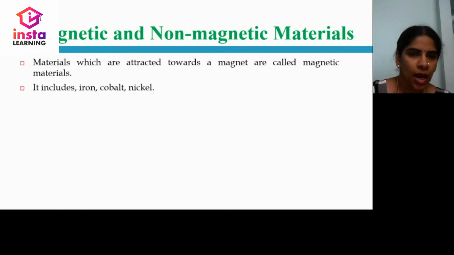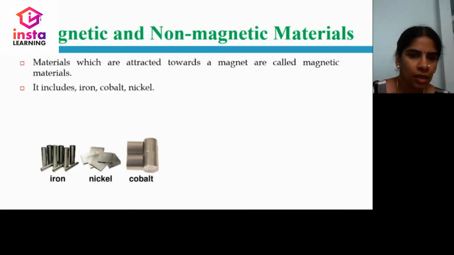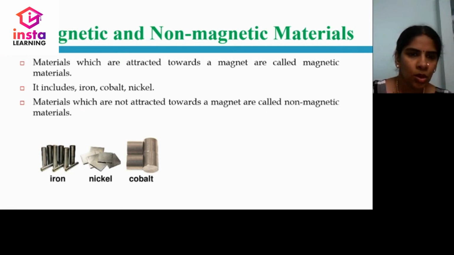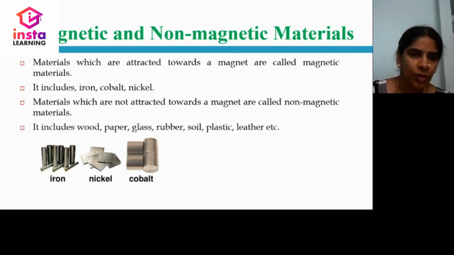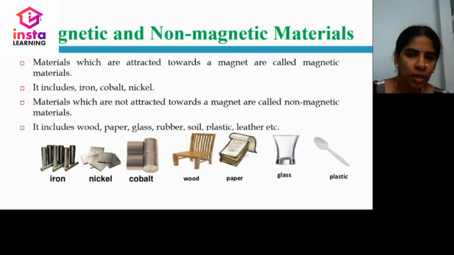It includes iron, nickel, cobalt. Materials which are not attracted towards a magnet are called non-magnetic materials. It includes wood, paper, glass and plastic. We can also say rubber, soil, leather, etc.